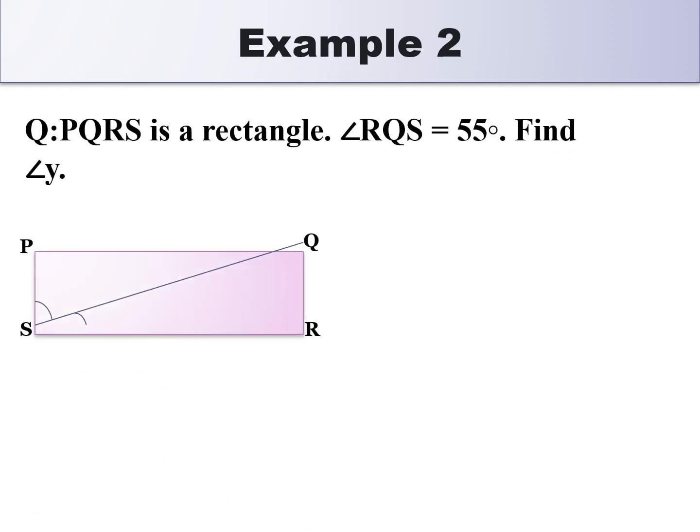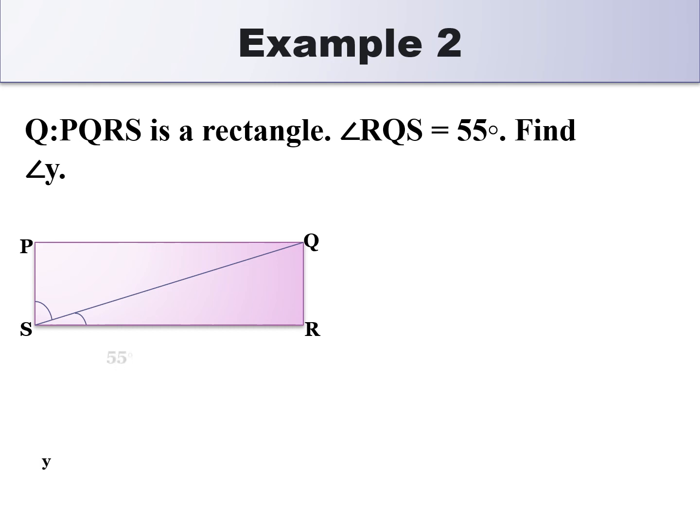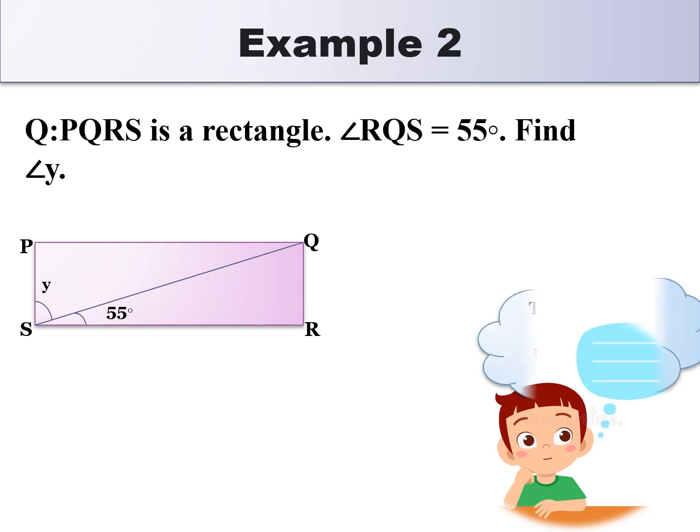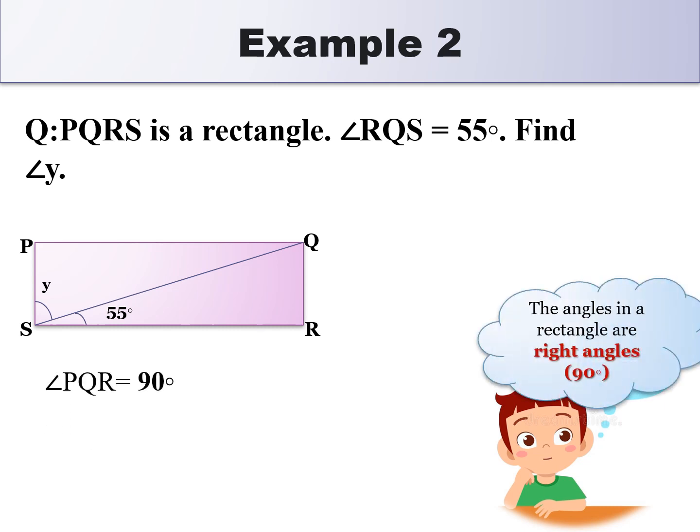Let's take another example. The question is: PQRS is a rectangle, angle RQS is equal to 55 degrees, find angle Y. Here you can see the figure of rectangle PQRS. As we know that the angles in a rectangle are right angles, angle PQR is equal to 90 degrees.